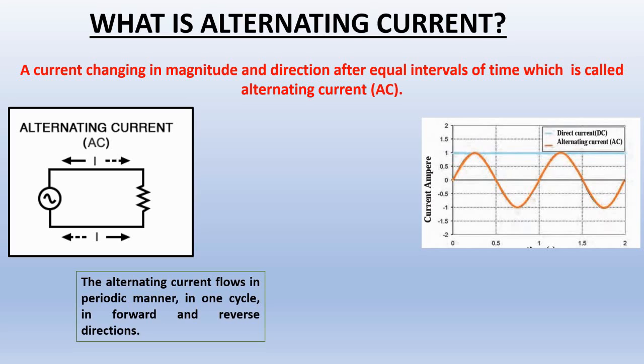This one is known as the positive half cycle, which I am marking in red color. This is the positive half cycle because it is flowing in the positive direction. And this one which I am marking in yellow color is the negative half cycle.